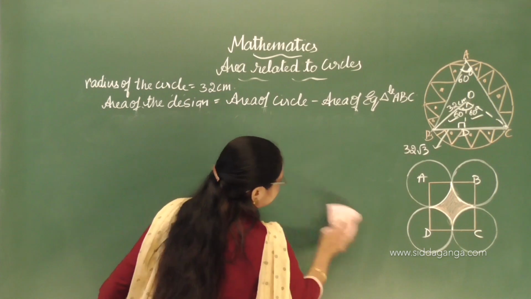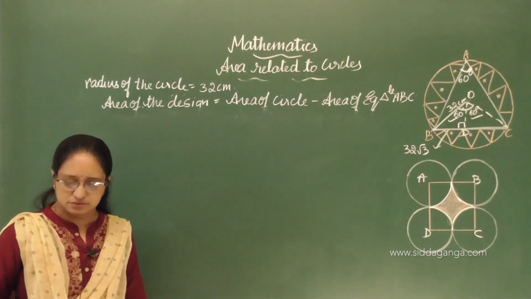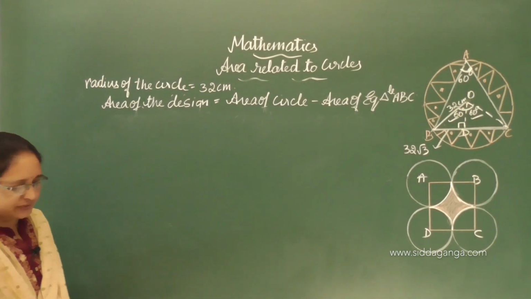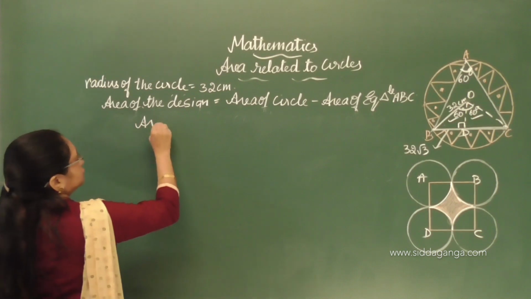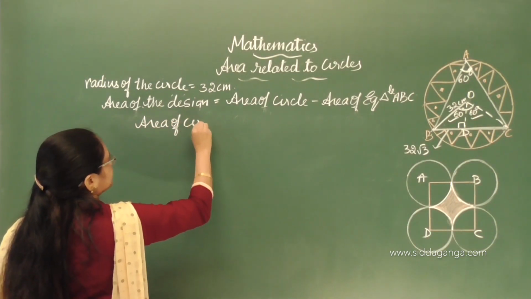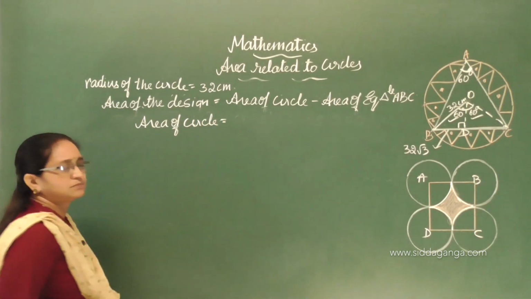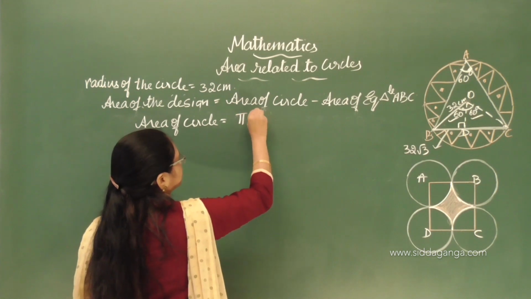So the side is 32 root 3 centimeter, and the radius is 32 centimeter. Now let us find out the area of the circle. Area of the circle, pi r square, you all know.